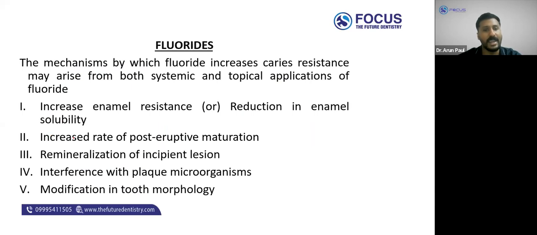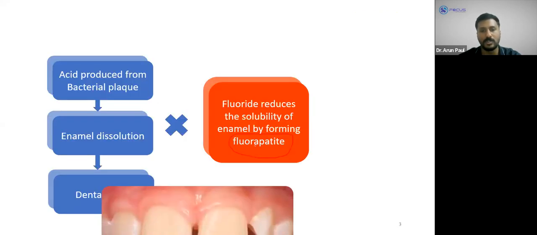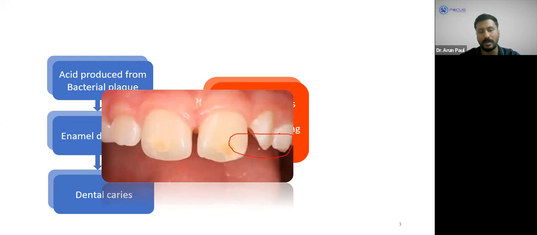Next is it increases the rate of post-eruptive maturation. So when a tooth has erupted inside the oral cavity, there are a lot of hypomineralized areas, that is, areas which have not completed maturation. We call it the phase of post-eruptive maturation, a process that has to take place once the tooth has erupted inside the oral cavity.